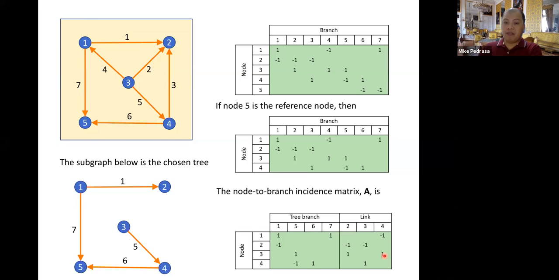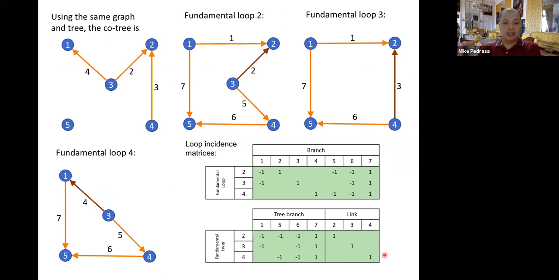And then for the KVL, let's use this, the fundamental loop. Ang sinasabi nito, the voltage at branch 1, we're looking here, no? Let's go around in a counterclockwise fashion. Negative of that voltage plus this voltage plus the negative of that voltage plus the negative of that voltage plus that voltage is equal to 0.